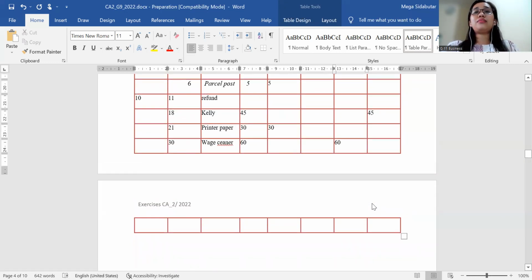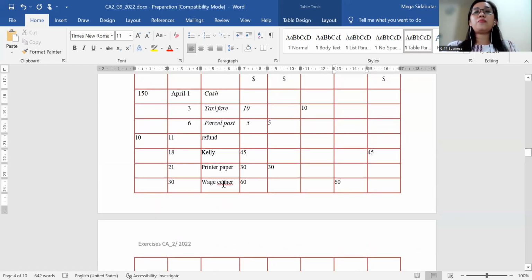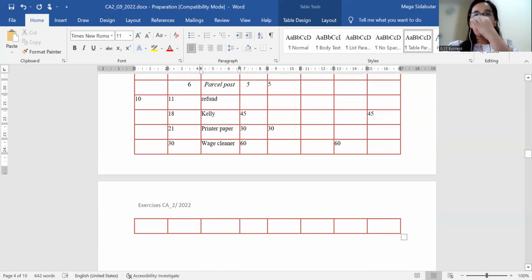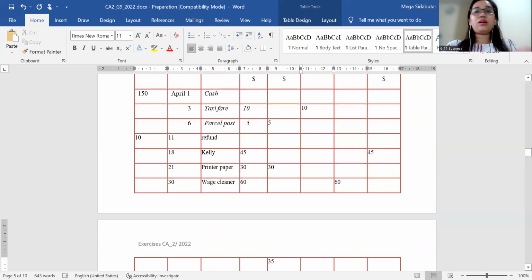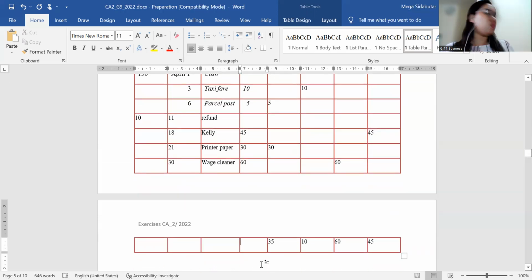Next, all we need is to total them. This one becomes 35, this one becomes 10, 60, and 45. I think it's okay if you just total all the payments.